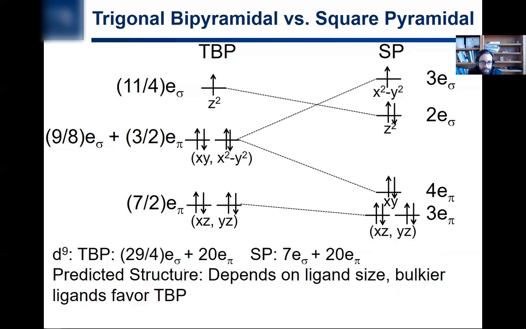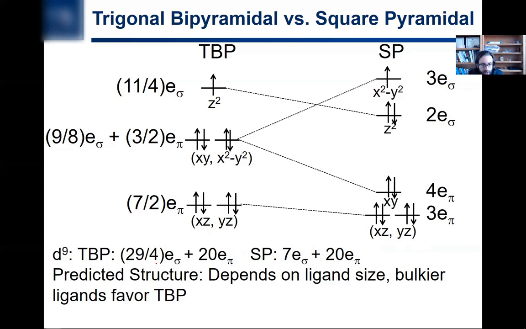D9. D9 is going to be a close call here. 20 E pi versus 20 E pi is washed. And we have 7 E sigma versus 29/4 E sigma. That's fairly close.